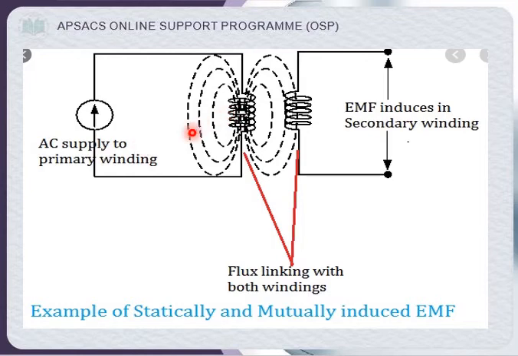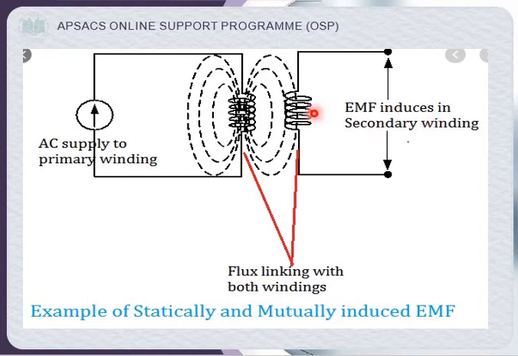This is a figure of a transformer, where these windings represent the primary and secondary windings, and you can see that there is some magnetic flux linking these coils. There is an input voltage supply and this is the output voltage of the secondary winding.